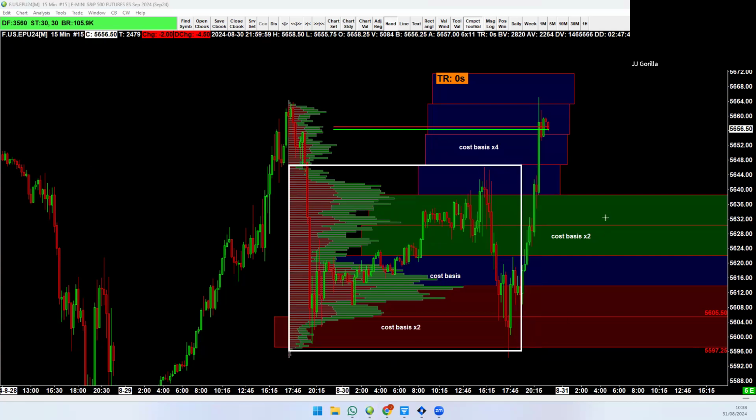Okay? And these areas which you guys call high volume nodes, that's where the majority of the inventory is priced. Okay? Now, you're going to distribute up here at the end of the day like we did at the end of the day Friday.